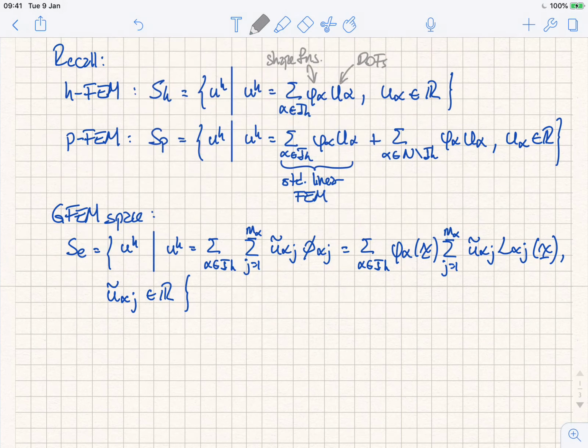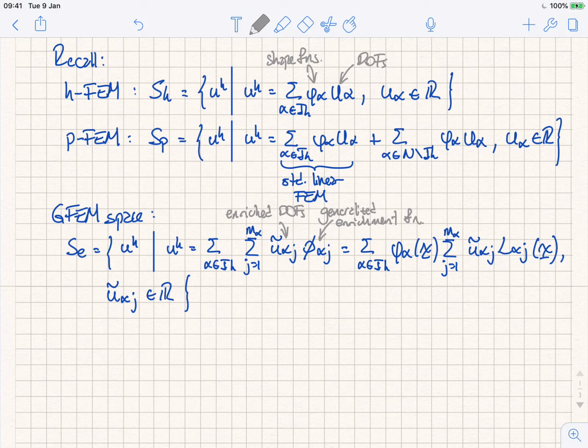But just to complete, let's say that this guy here is called our enriched DOFs. This function phi, notice that I am using a different form of phi here. It's called the generalized enrichment function.